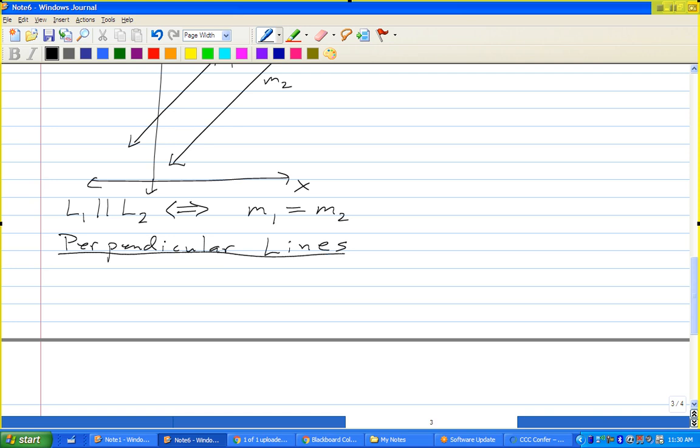Okay, so suppose I have two lines, L1 and L2, and suppose that neither of these lines are vertical.